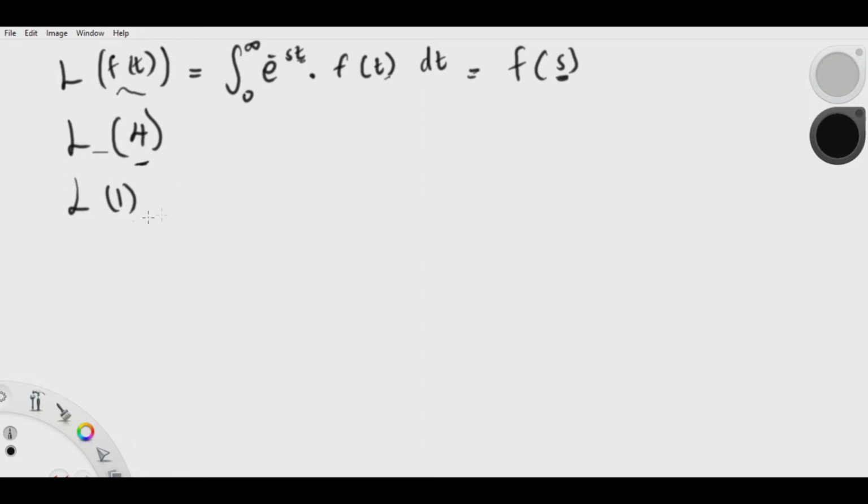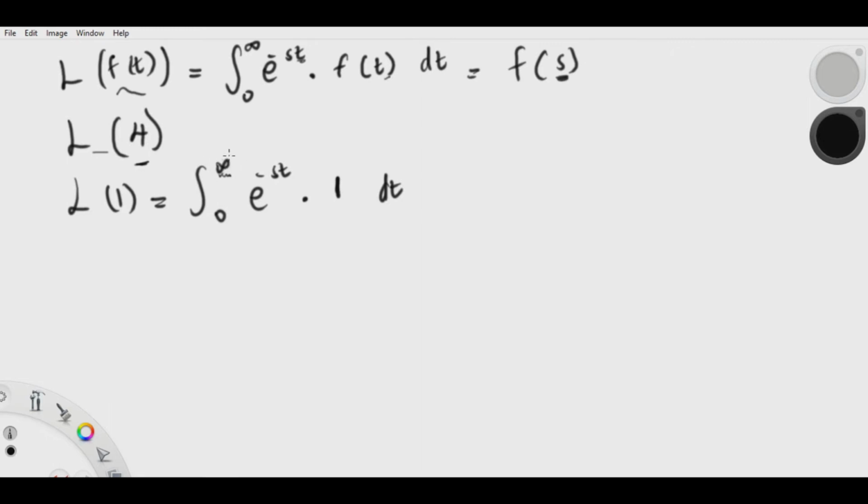So if I do the Laplace of 1, what I'm saying is the integral from 0 to infinity of e to the minus st multiplied by 1 dt.